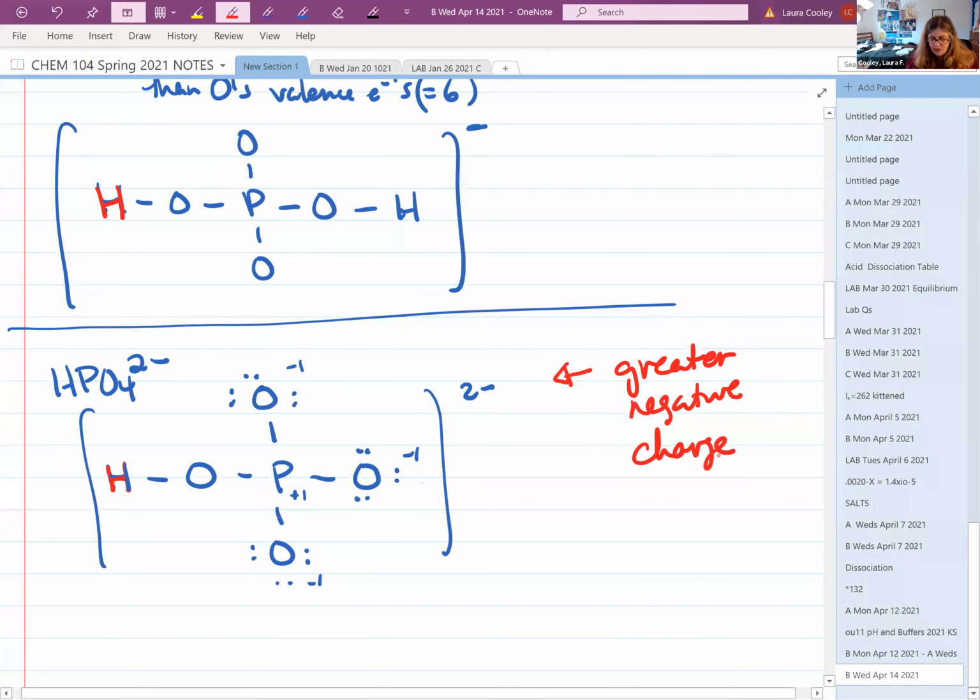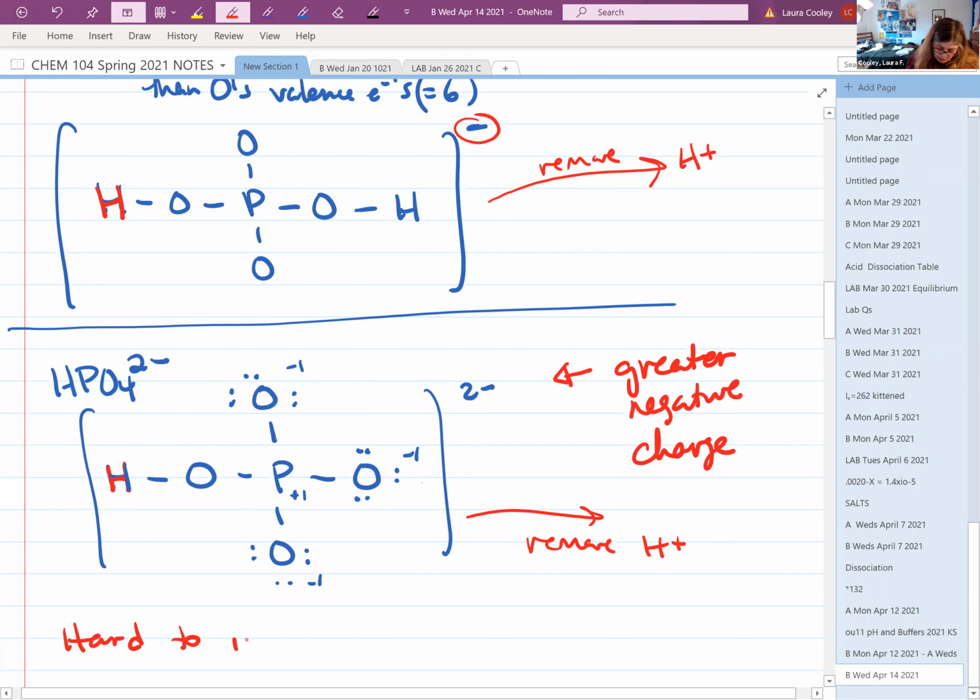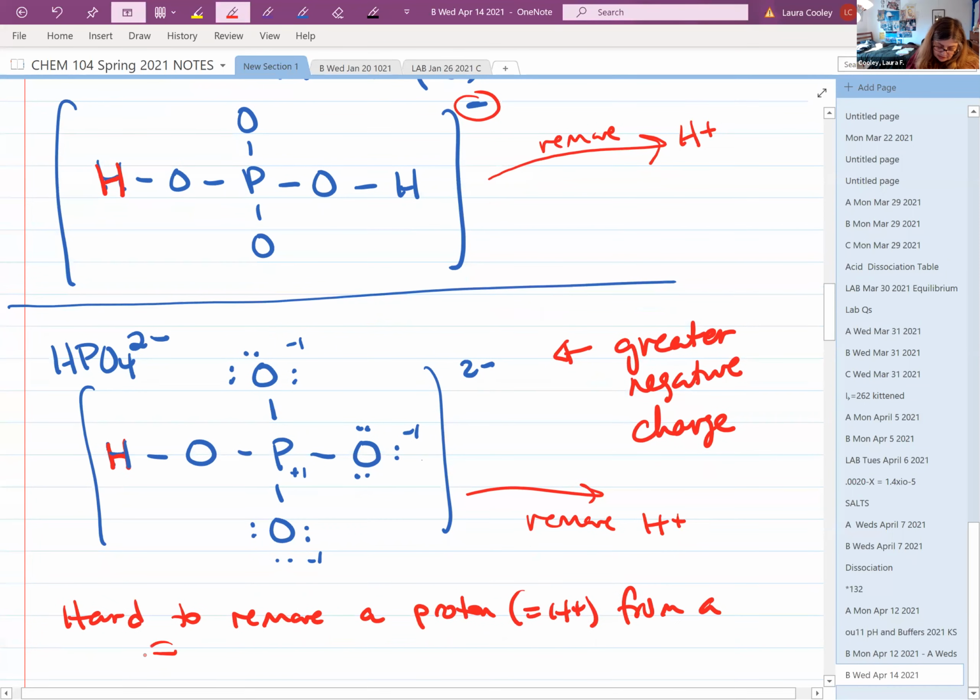So you have to ask yourself the question, if you're going to remove an H plus from each of these, that's what it means to be an acid, is how easy is it to remove an H plus? Well, it's pretty hard to remove an H plus from something with a negative charge, because plus and minus attract. So let me write that down. Hard to remove a proton, which is H plus, from a negatively charged ion.